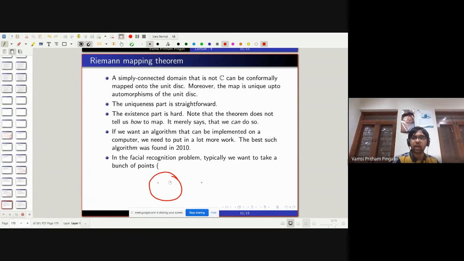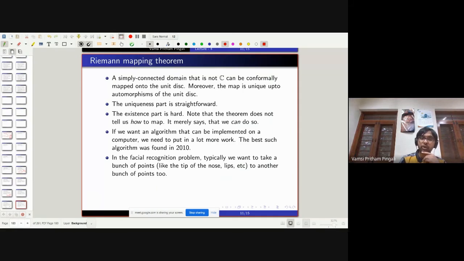We would want to take the eyes to the eyes. We would want to take the nose, maybe this point on the nose and this point on the nose to this point on the nose and so on. We would want to take maybe the tips of the lips and a few things like this to this and so on, right? We would want to take a bunch of points to another bunch of points, like the tip of the nose, lips, etc., to another bunch of points.